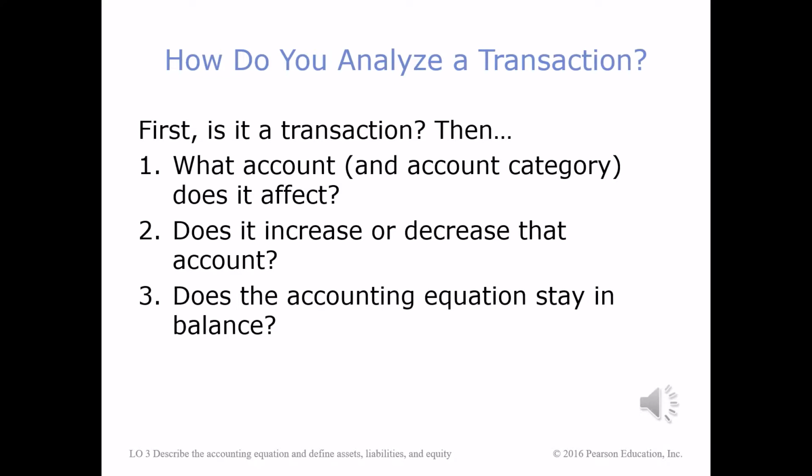Assets, liabilities, equity, revenue, expenses. Second, does it increase or decrease that account? Very soon we're going to start saying, do we debit or credit that account? But right now we're talking about increases and decreases. And third, after we make the transaction, does the accounting equation stay in balance?